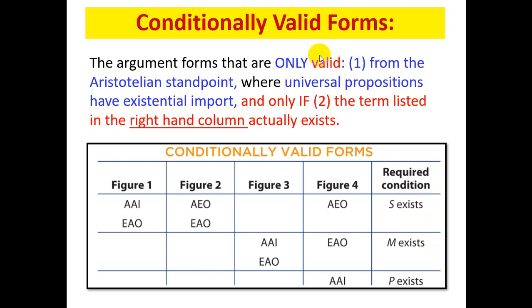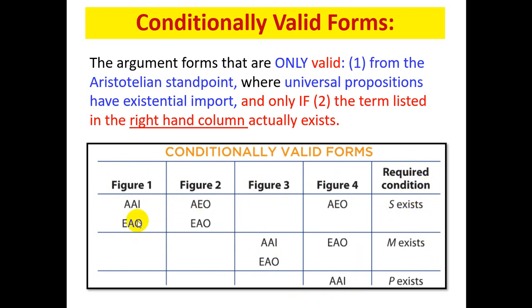So these are only valid from the Aristotelian standpoint, where universal propositions have existential import, and only if the term listed here in the right column actually exists in reality. These are as indicated here in the table for figure 1, figure 2, figure 3, and figure 4. These are valid conditionally as long as the condition here exists.